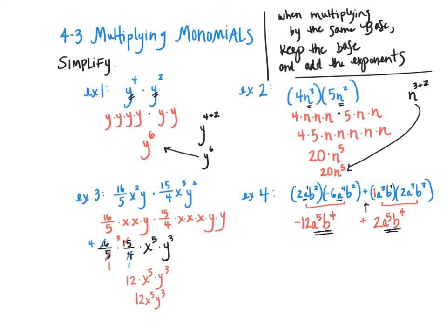That a to the 5th, b to the 4th is just an unknown, so you can give it a name so that'll help you. If you lose 12 apple banana smoothies and you gain 2 apple banana smoothies, you're left with 10 apple banana smoothies. Notice the apple banana smoothie part doesn't change.